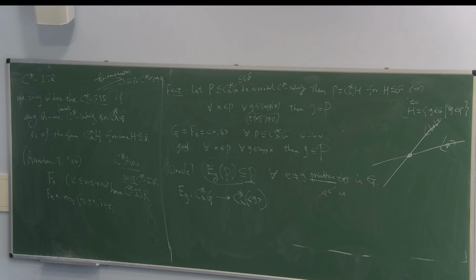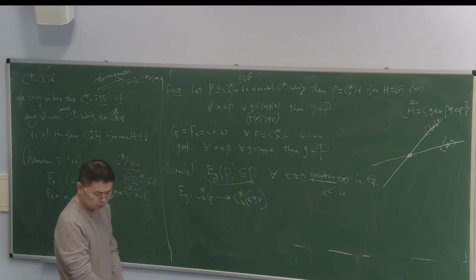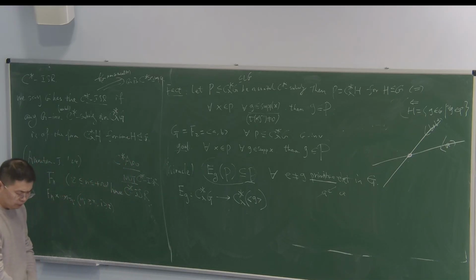You mean this non-factorizable property, that phi h times psi h is equal to delta, then one of them has to be delta? That was only for characters.